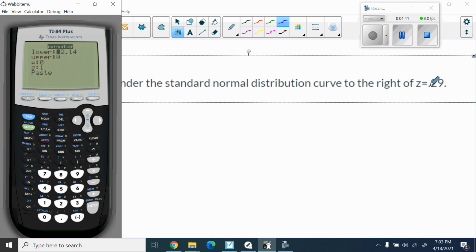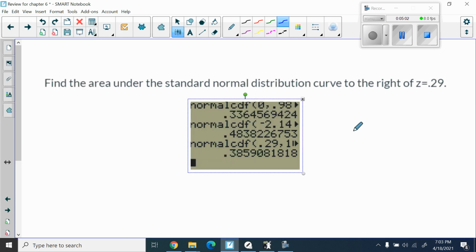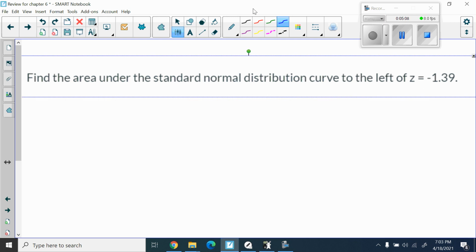So our lower value is going to be 0.29, and our upper value is going to be infinity. So remember, I always told you guys to just enter like 10,000 or something along those lines. And we enter that in and we get 0.3859.